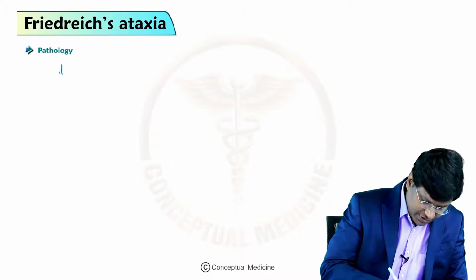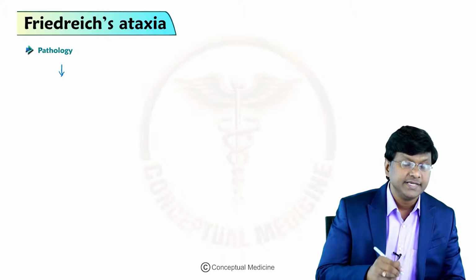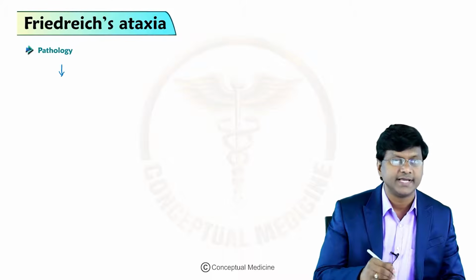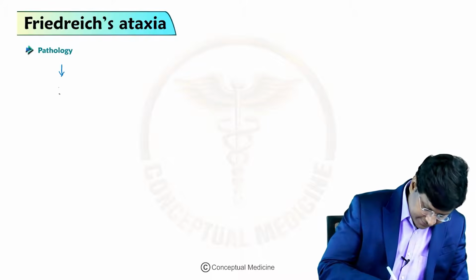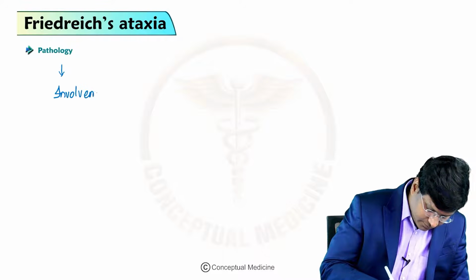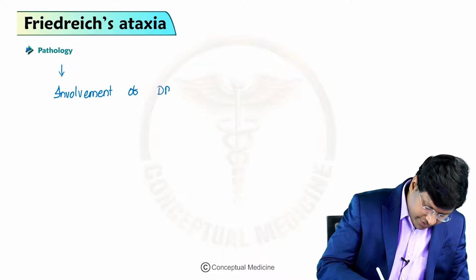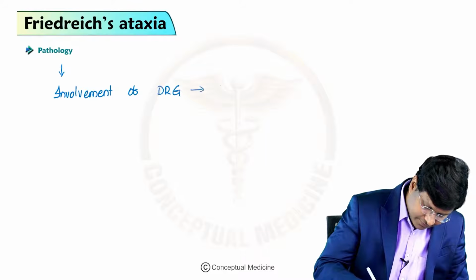So in the pathology of Friedreich's ataxia, involvement of the dorsal root ganglion is the first major abnormality.